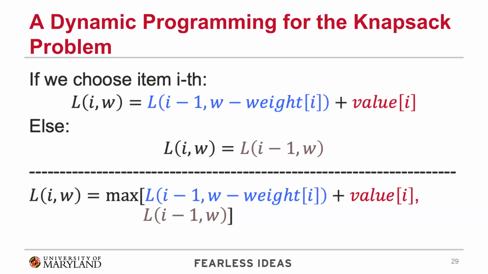So we have to check whether the capacity of the bag is able to fit this particular item, and we add the current value. If we choose not to take the item, the target function is based on the first i-1 items that we were considering. So the total cost function would be like this.